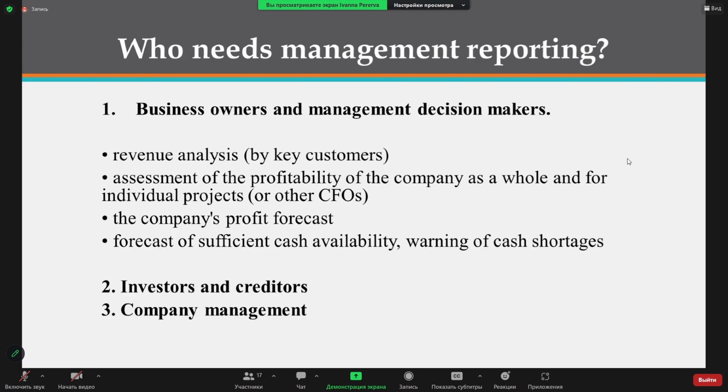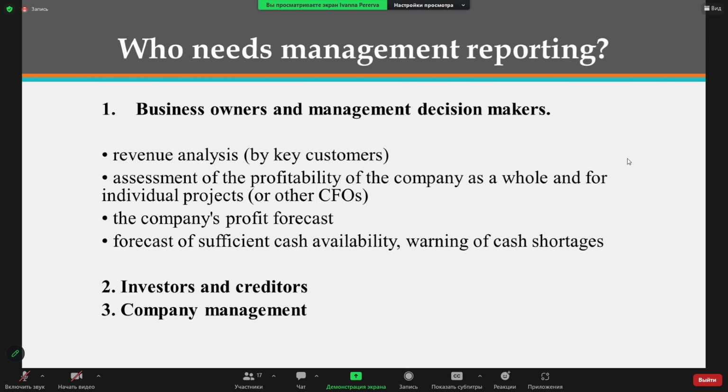And the third one is our company management of all levels. It could be heads of our divisions. They use separate reporting elements in their work, which allows them to control the activities in their concrete department.